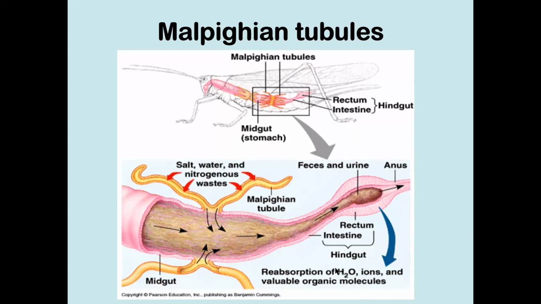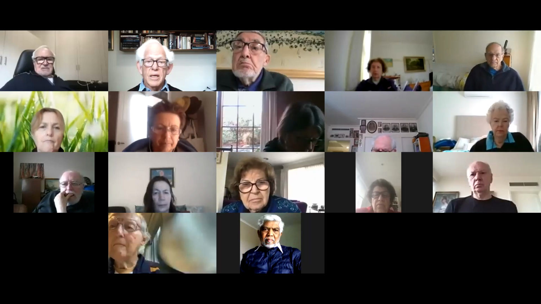Because mainly the important things that they need is reabsorbed. Okay, so this is in the mid-gut, and the rectum is at the other end. I think that's pretty much it there. Yep. Okay.